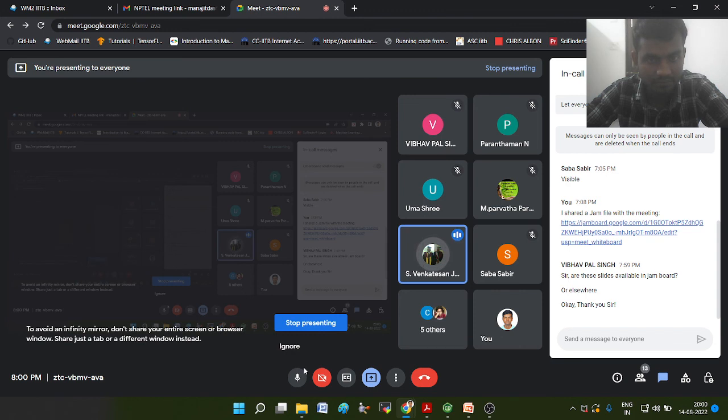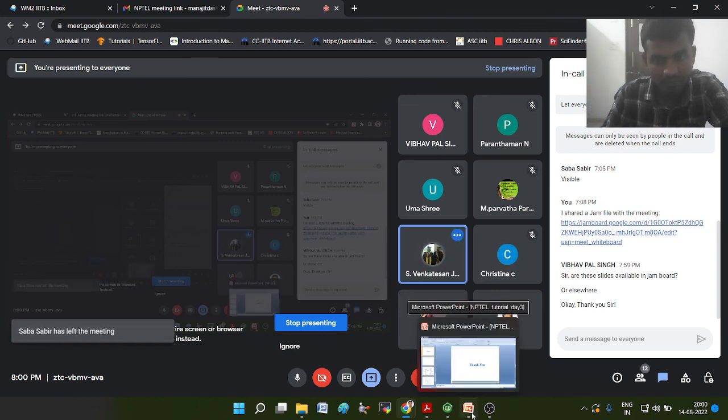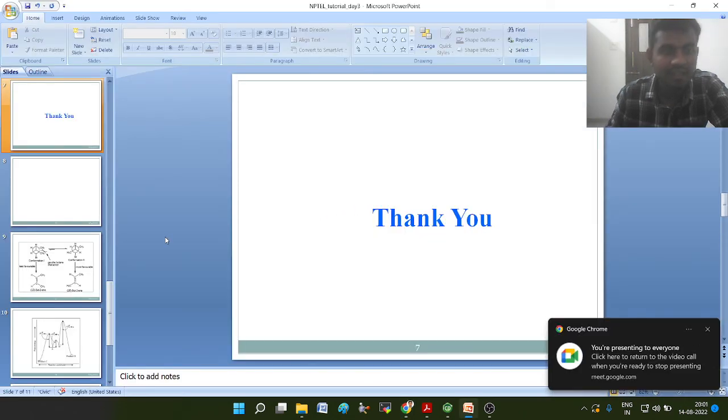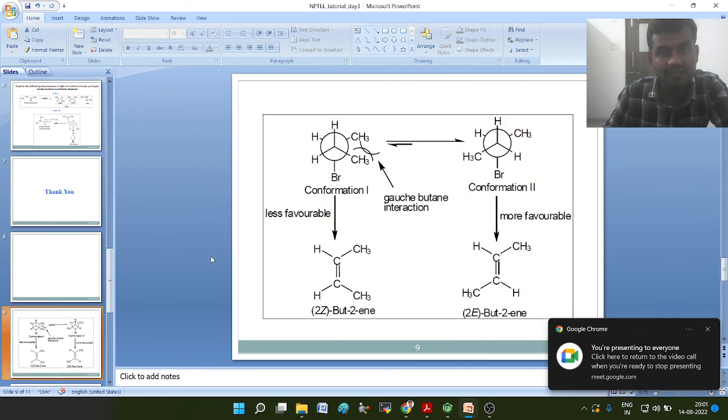In the previous problem you showed us at which condition conformer A will give maximum product, and at which condition conformer B will give maximum product. So the condition in terms of temperature dependency you are asking, right?